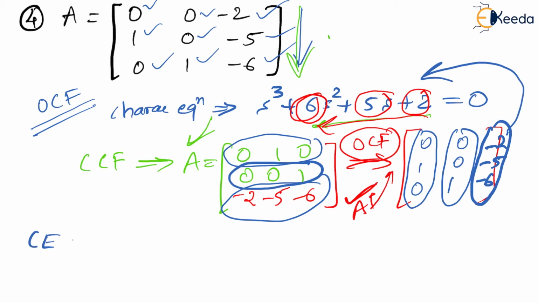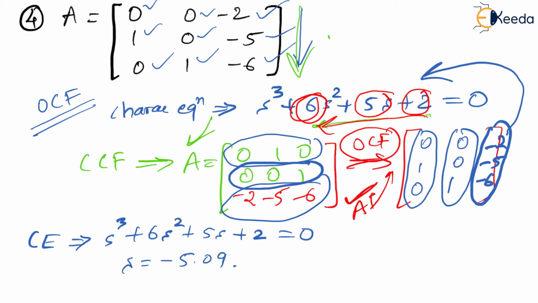Now, the characteristic equation that you have is nothing but s cubed plus 6s squared plus 5s plus 2 equal to 0. If you place this in your calculator, the poles that you get are s equal to -5.09, and -0.45 plus or minus j0.43, which is the complex pole.